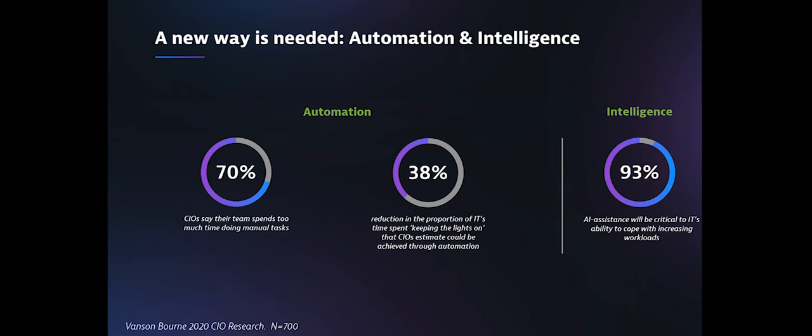And the second thing that we see is a much greater need for intelligence, and intelligence not from you or I, but intelligence put into software platforms. Automation is about the fact that we do too much manual work, and therefore we spend too much time keeping the lights on. And intelligence is the much discussed topic of artificial intelligence, which is needed to deal with the complexity and the workloads that we are facing.